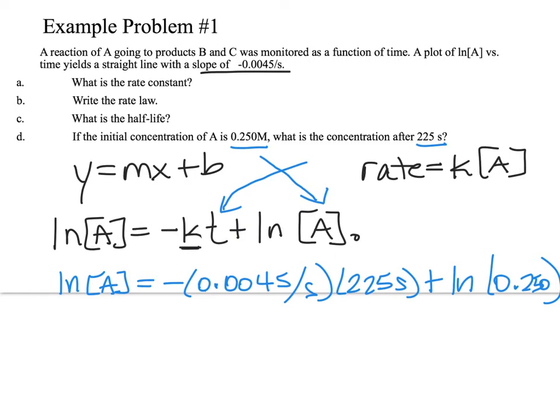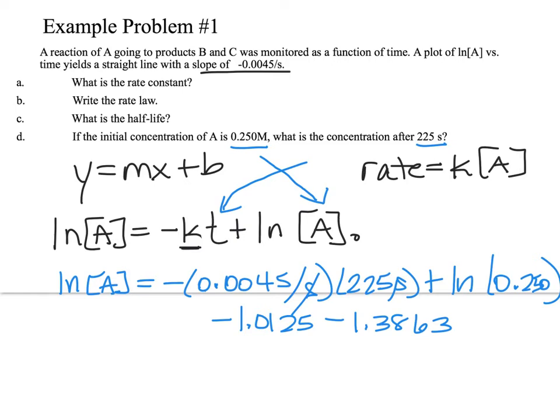All right, so I need to go ahead and multiply these, and those seconds will cancel out. And I get negative 1.0125 minus, I'll go ahead and resolve the log here, negative 1.3863.